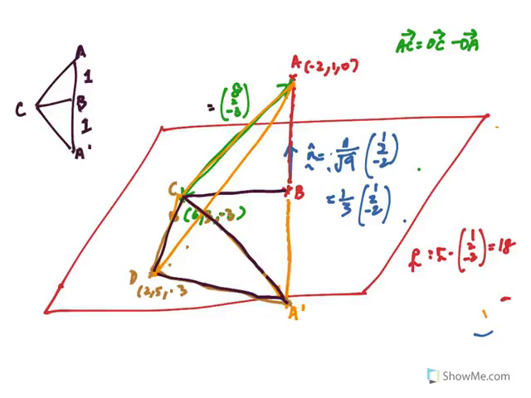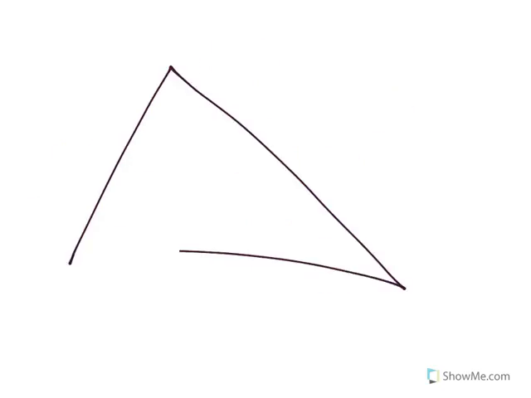It's not easy to see this. It can be quite a challenge. So this is the plane that I'm getting, DCA prime. How do we find the equation of DCA prime? It's actually very easy, because we can easily find one vector.